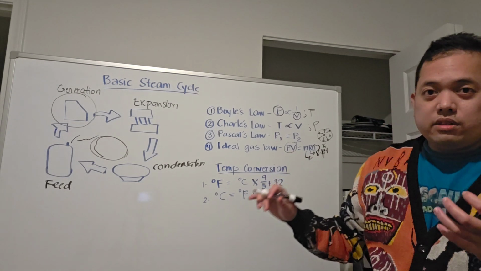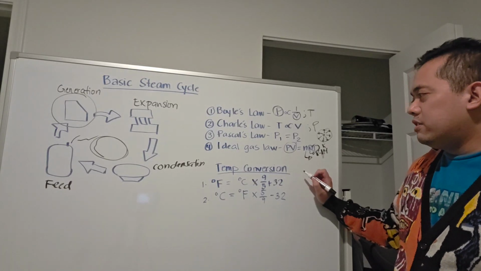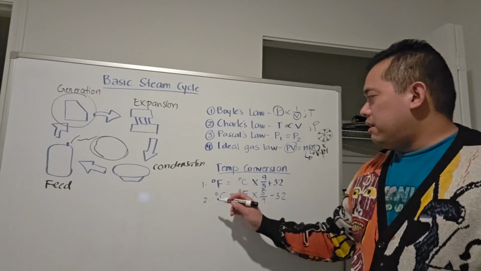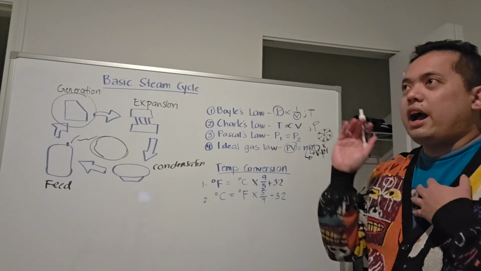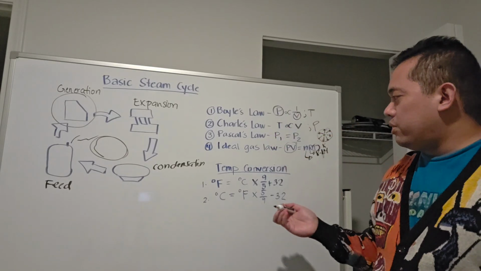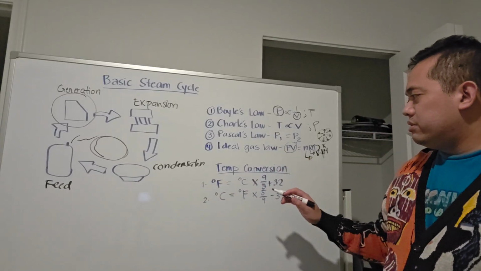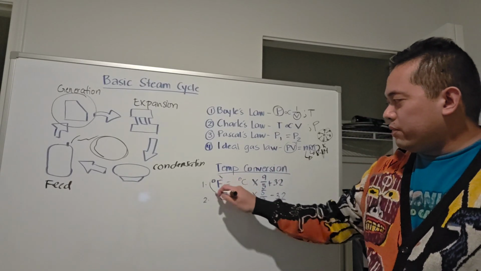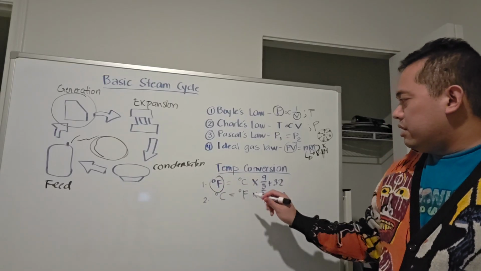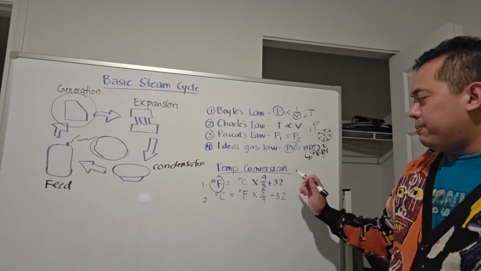And also the common ones that they're gonna ask you to learn, not just in engineering, would be the temperature conversion. Because again, Fahrenheit is higher than Celsius, right? So whenever you're converting Celsius to Fahrenheit, for example over here, in order to get the Fahrenheit, you're gonna have to do degrees Celsius times 9/5 plus 32.